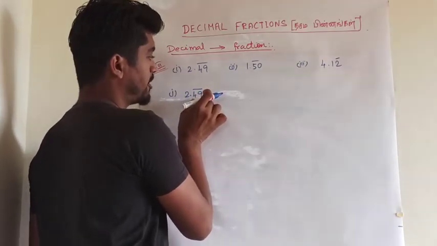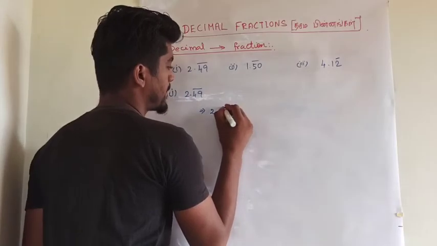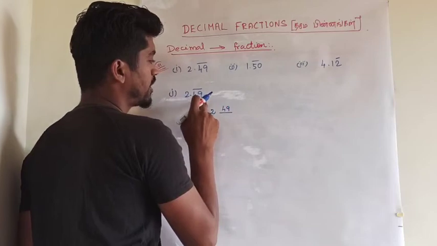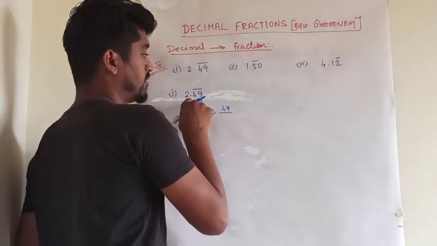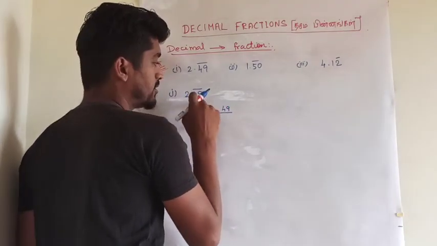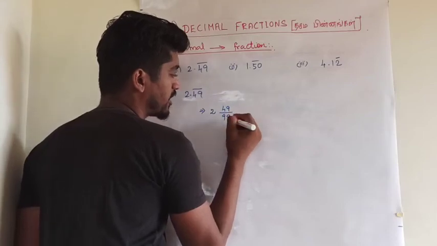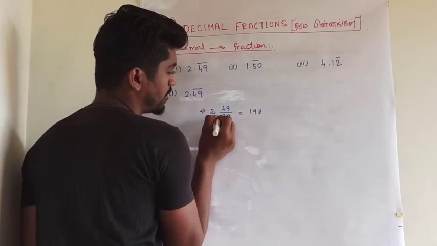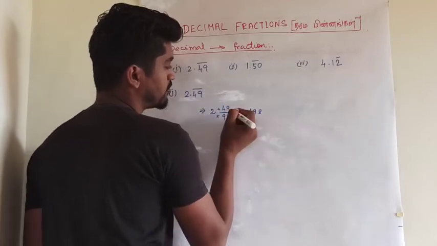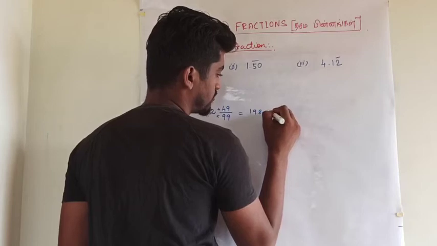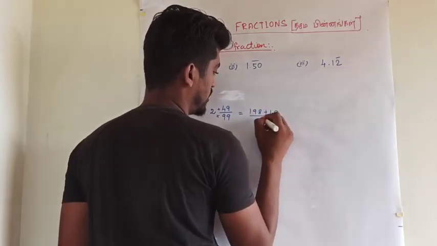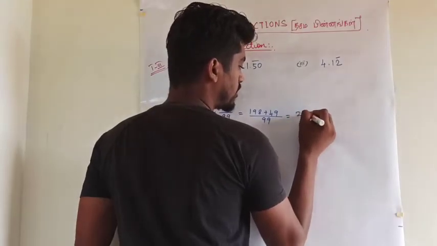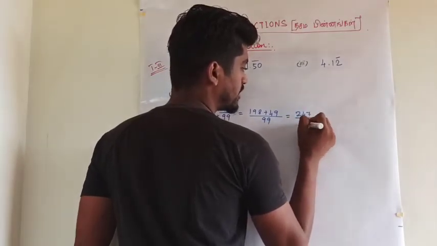So 0.49 bar can be written as 49 by, 2 digits only are repeated, so we write 2 times 9, 99. It means 2 multiplied by 99 plus 49, 247 divided by 99.